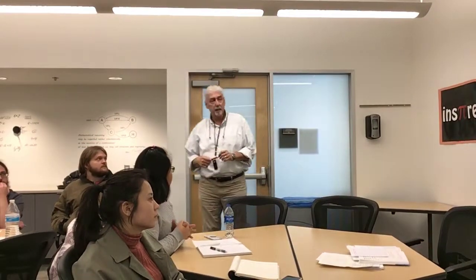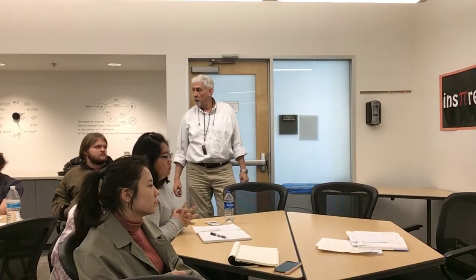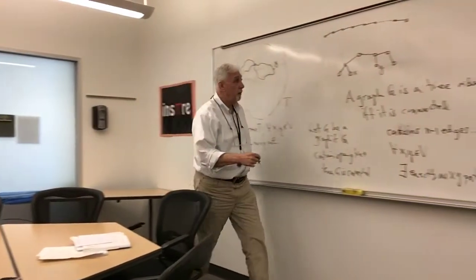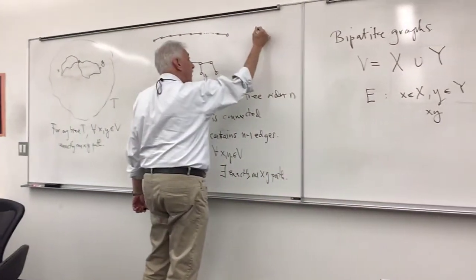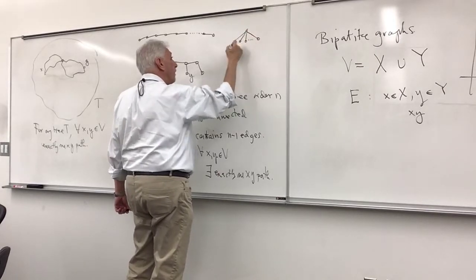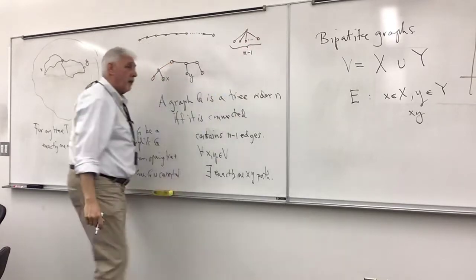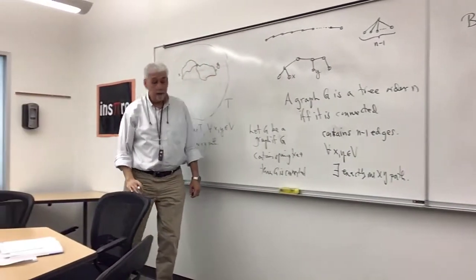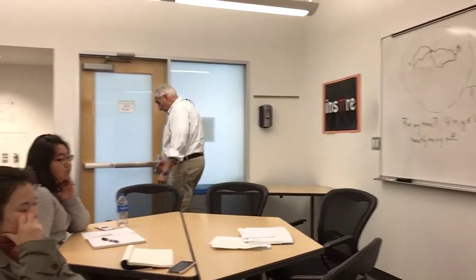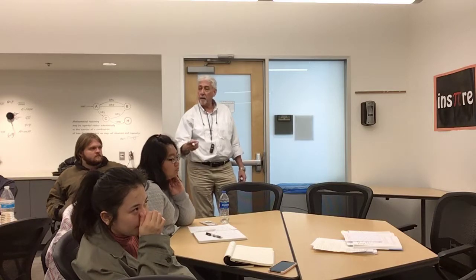How many edges does the path have? N minus 1. The other tree on n vertices that I know right off the bat is the star. It's got n vertices, so there's n minus 1 end vertices. It has n minus 1 edges.